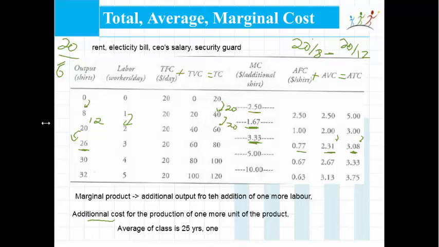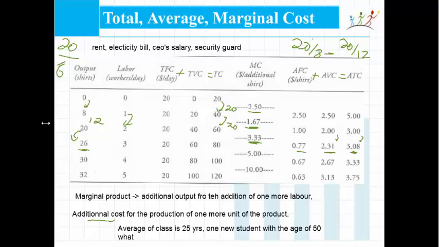And I add one new student with the age of 50. So the average of the class of, let's say, 15-20 students is 25 years, and I've added one new student with the age of 50.